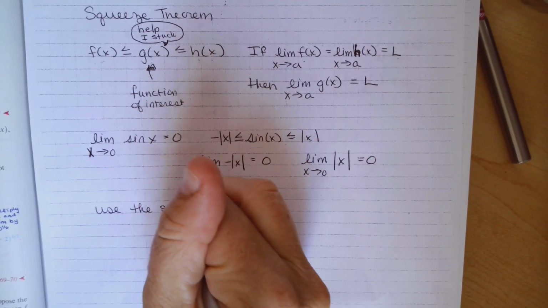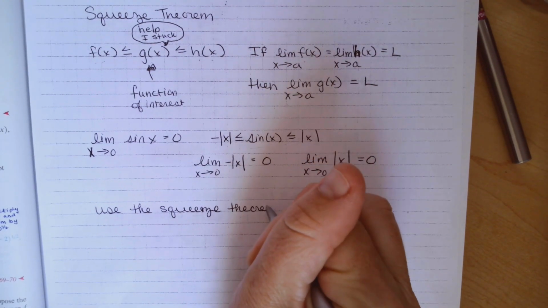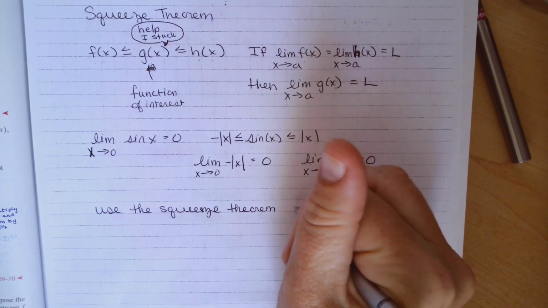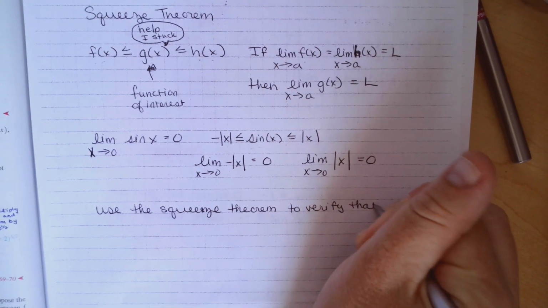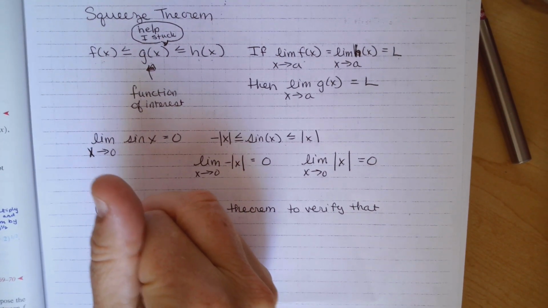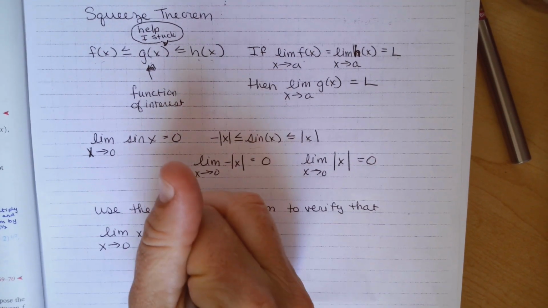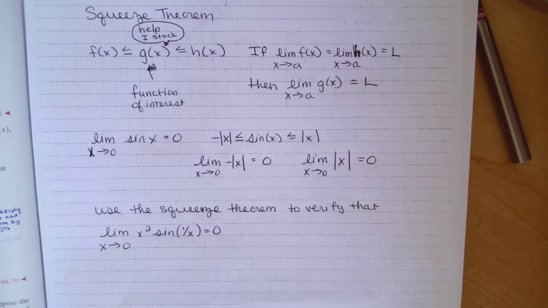Use the squeeze theorem to verify that the limit as x approaches 0 of x squared sine 1 over x equals 0. Okay, so we have to figure out what this function is always between.